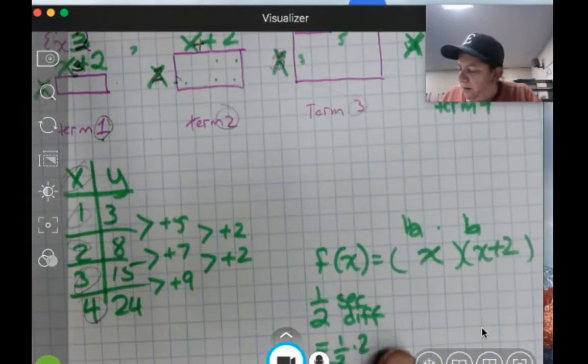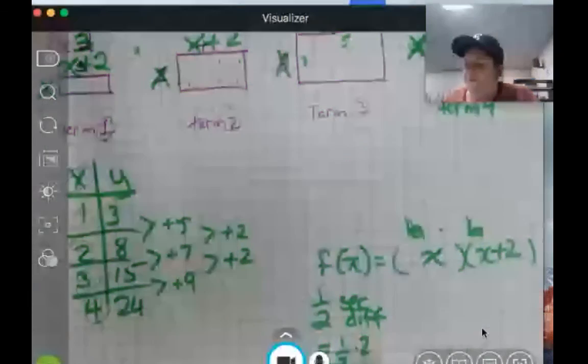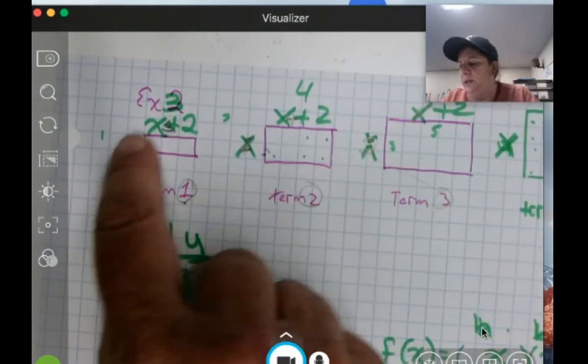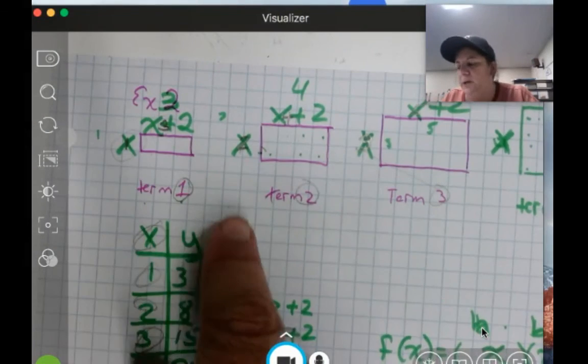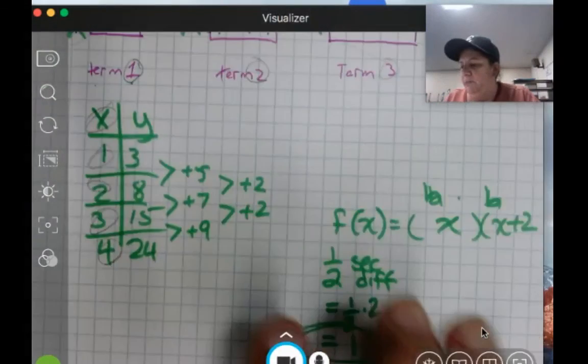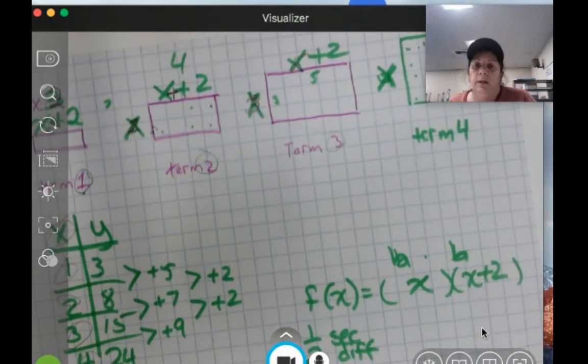And that 1/2 the second difference is going to tell you if you're going to have any multiplying involved in the picture, other than the length times width. So if you get a 1, then you're not going to have any multiplying. You're going to figure everything out with adding or subtracting. That's sort of the idea.